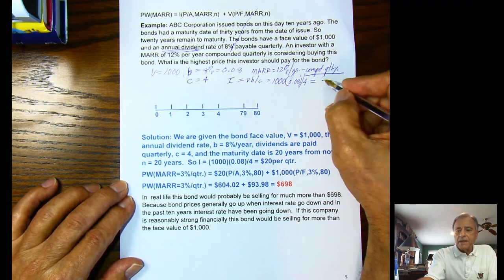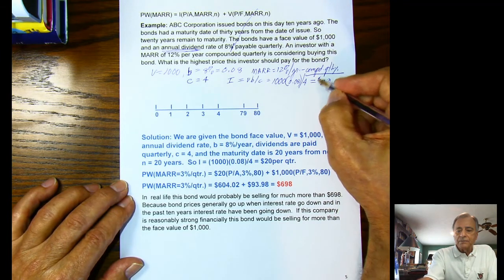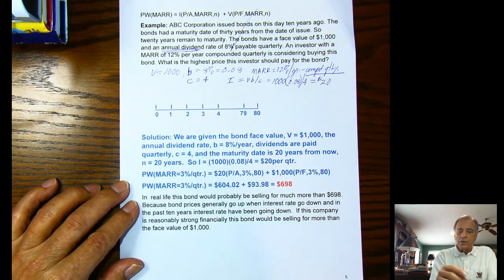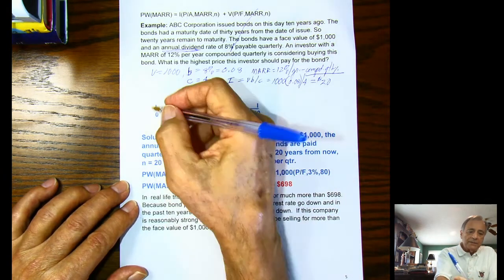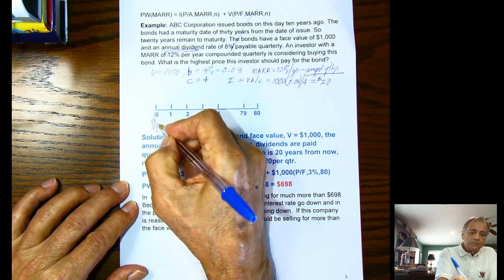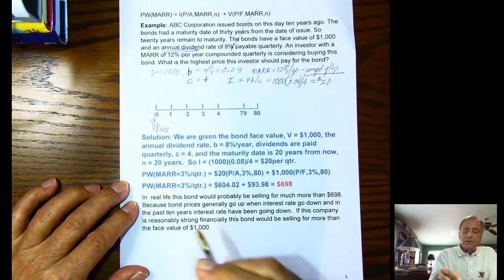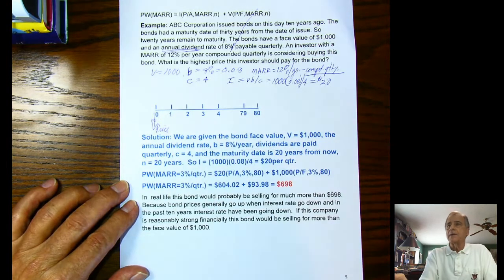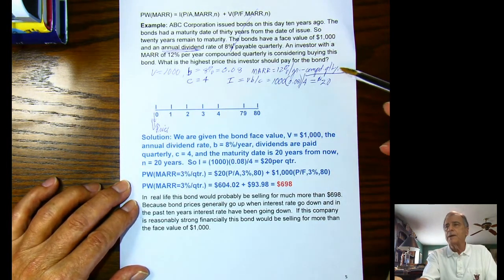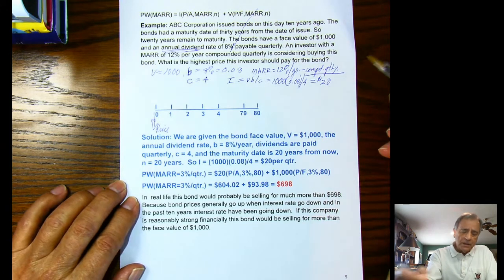And that's going to come out to be $20. It's going to pay 2% per quarter, okay? So if I buy this bond, I'm going to pay a certain price for it now. The question is, how much should I pay if I want to earn 12% per year compounded quarterly? Wow, okay, that's a high rate, okay?